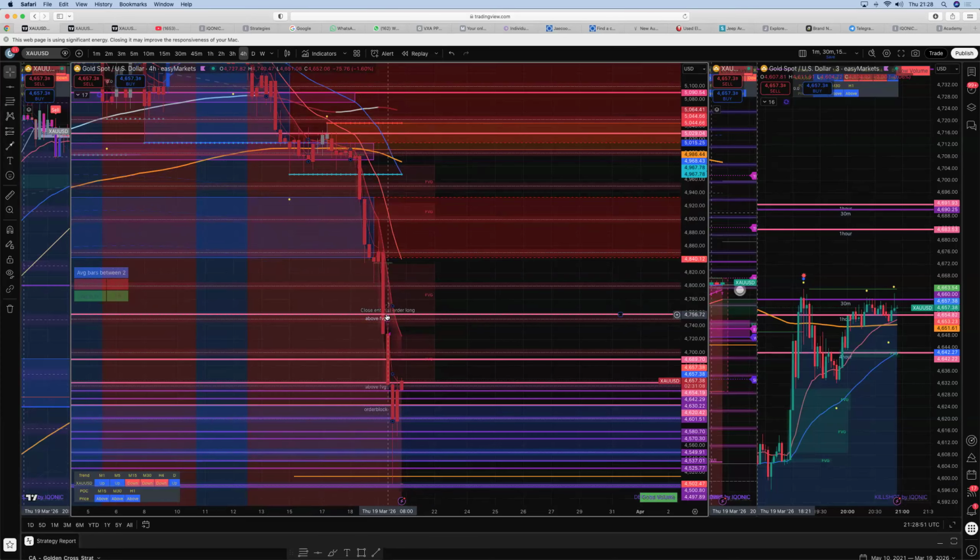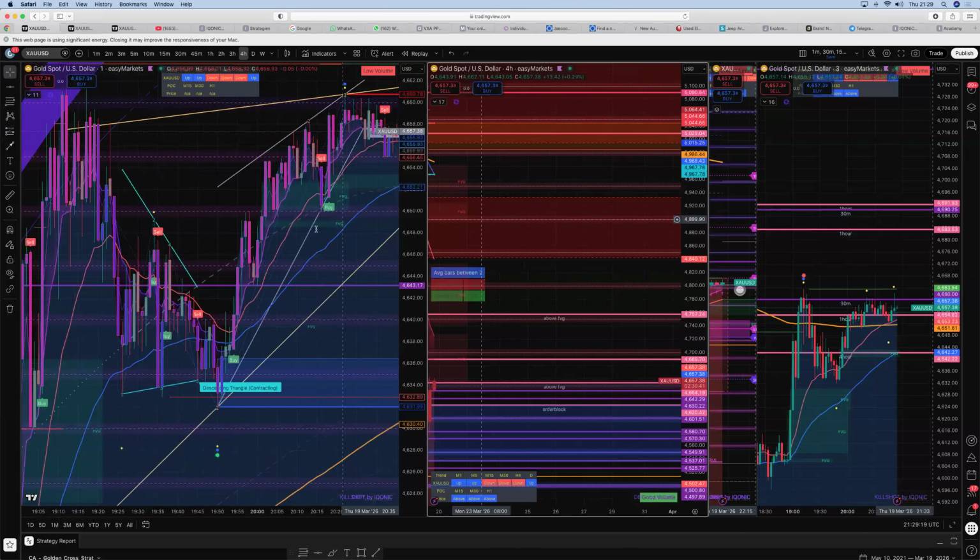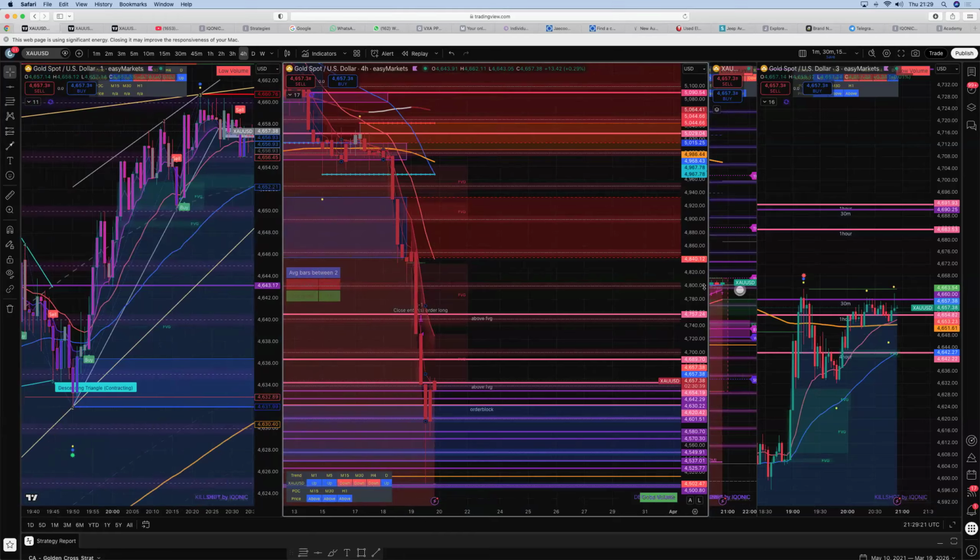Even if you had got in at the break of this, all the way down here, the break of this, all the way down here, the break of this, all the way down here, right? These are my lines. These are my 4-hour lines, right? Just trading the green and red stars, with minimal stop loss. Well, I don't know. Depends on your account and your risk management, my lovely.